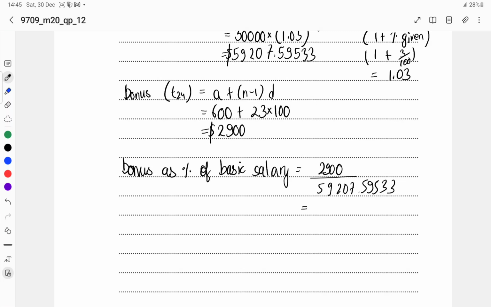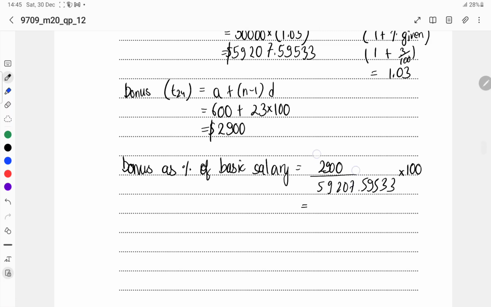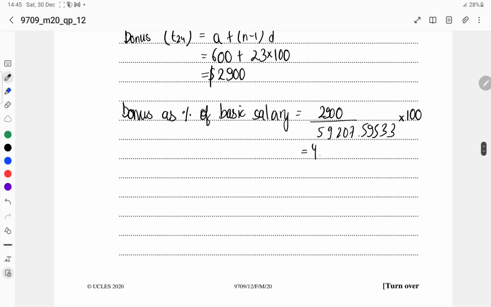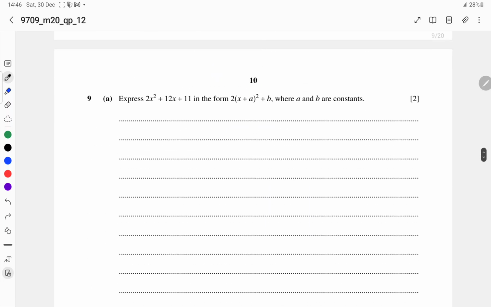We need to multiply by 100 as well. When we multiply it by 100, we get 4.898%, and then when we round it to 3 SF, we are going to get 4.90%. This 0 is important because we have to show it in 3 significant figures. Yeah, this is our answer.